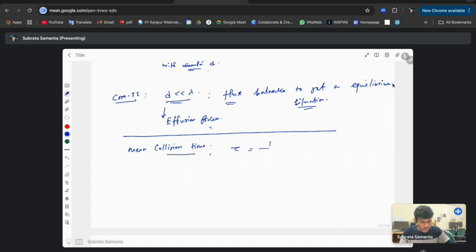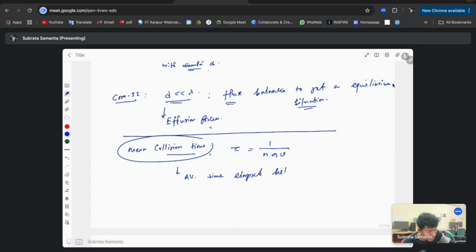This is basically 1 over n sigma v. So what is the mean collision time? You know what the mean free path is; now you know the mean collision time. The mean collision time is basically the average time elapsed between the collisions.